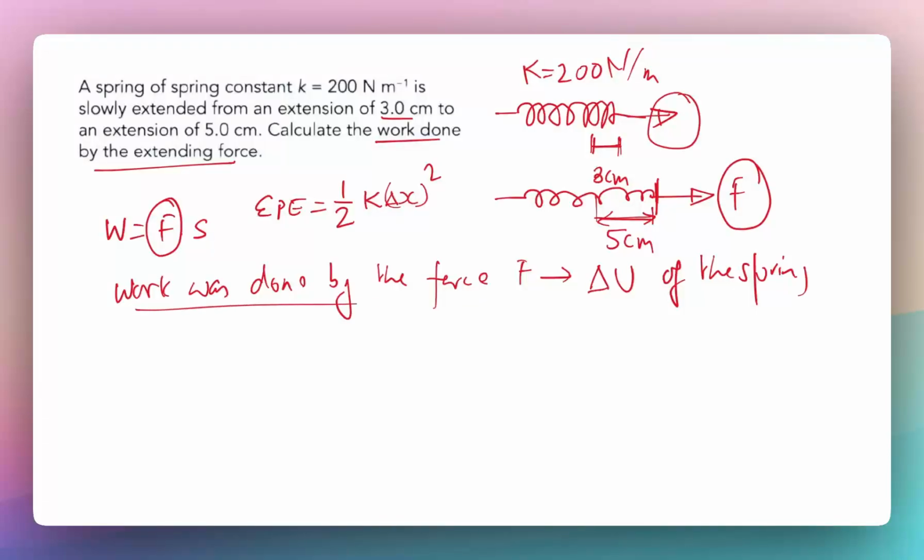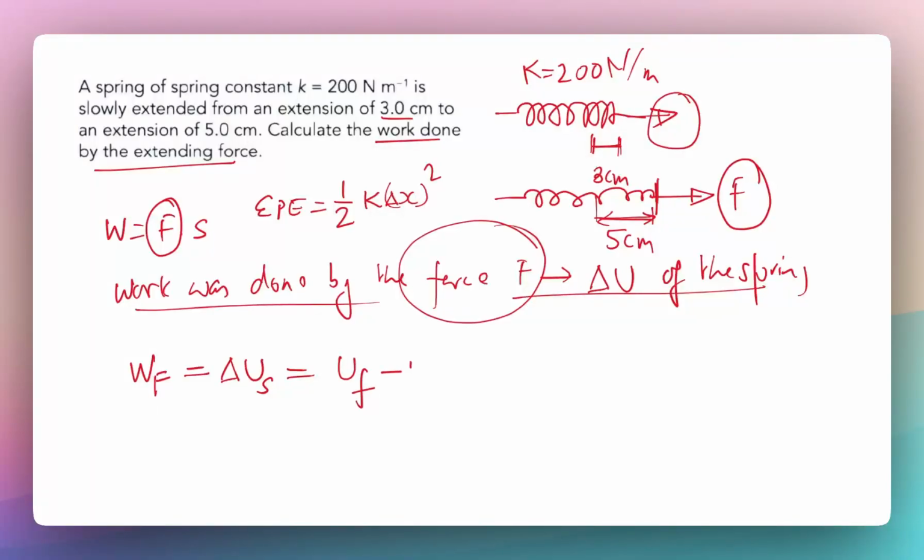So using this concept, we can now simply calculate the work done by the force, okay? So I'm going to write work done by the force is going to be increase in the potential energy of the spring, okay? So we can now write the final potential energy of the spring minus initial potential energy of the spring, and we are going to simply subtract that, okay?